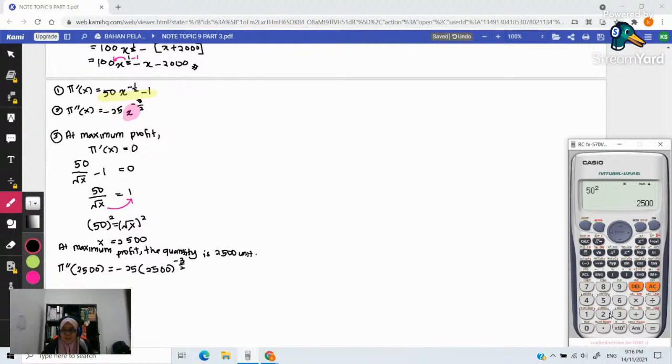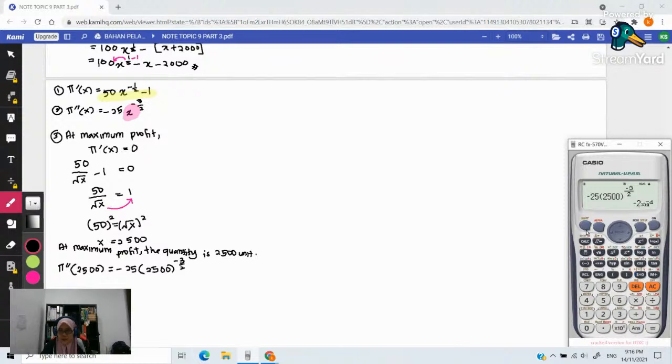So negative 25 multiply 2,500, the power, choose a fraction, negative 3/2 and click equal. We want to find the decimal number, so click SD.